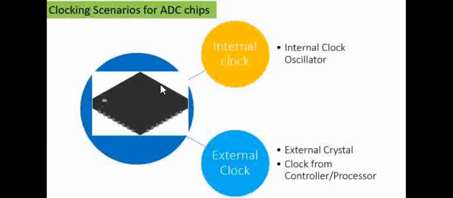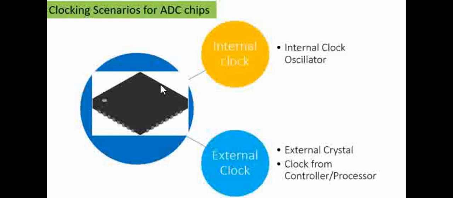Now external clocks. If you are giving an external clock, you can understand that it is a very critical application. This external clock can be two scenarios. One is giving the clock directly from a crystal that is connected to this ADC chip.